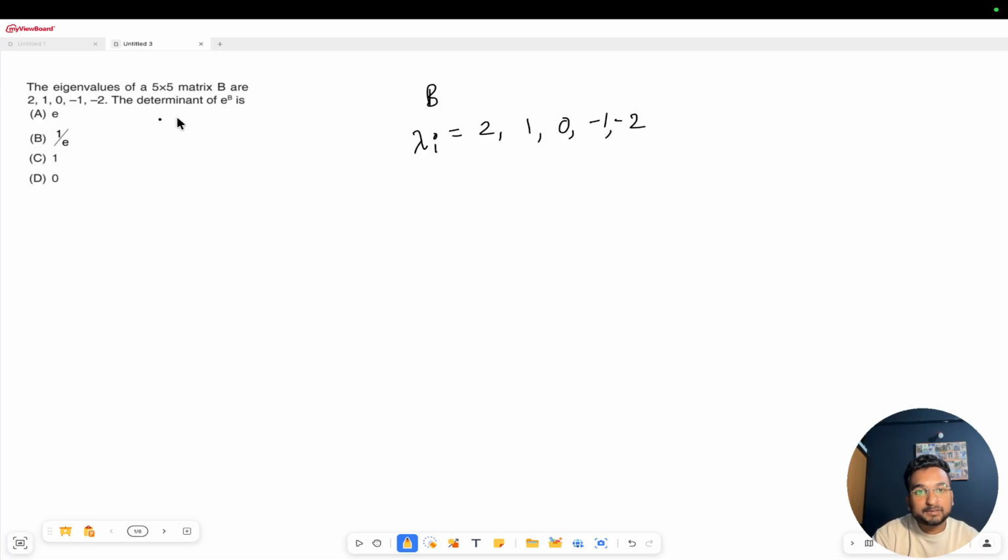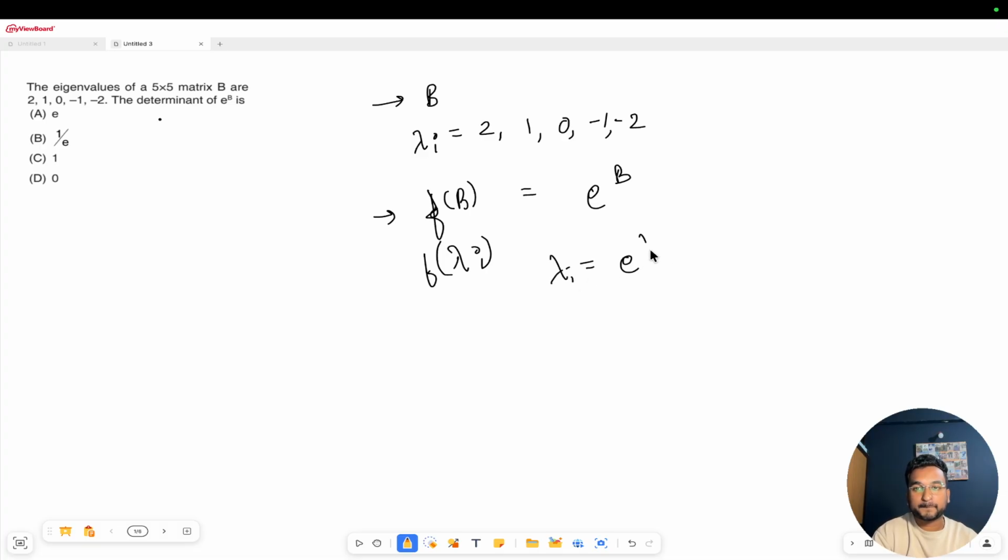They have asked for the determinant of e to the power B. I have told you, if the eigenvalues of B are these, then f of B will have eigenvalues f of lambda i. Here your f of B is e to the power B, so it will be e to the power lambda i.